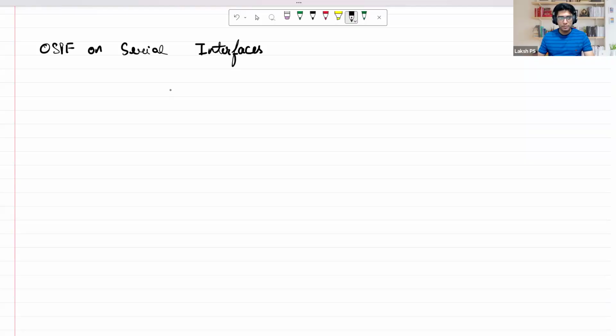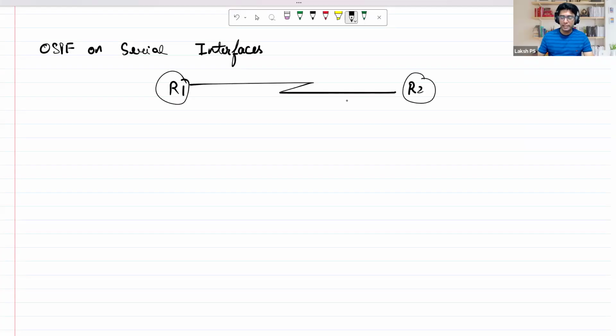Now we have two routers. I'm just considering two routers, R1 connected via a serial interface to R2. This is how a serial interface is denoted in a topology, like a Z, or a lightning bolt.